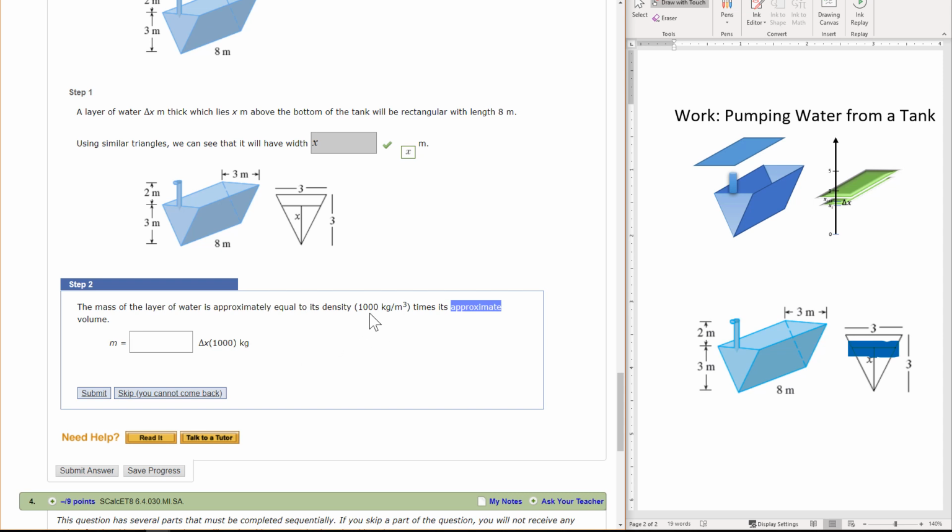So it's going to be the density times the volume. If we know that the length here is 8 and the height here is x, then the volume should be 8 times x.